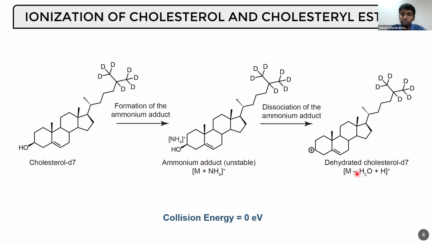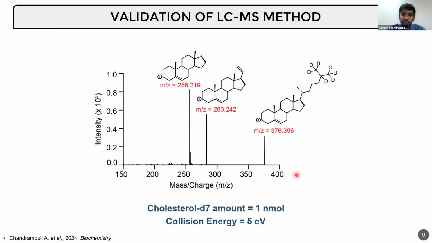This dehydrated cholesterol forms the precursor ion, and it can be further fragmented on the application of collision energy. When we applied collision energy of 5 volts, we could get a good pattern of fragmentation, where the known reported fragments of cholesterol at 256 and 283 were observed using our LCMS method.